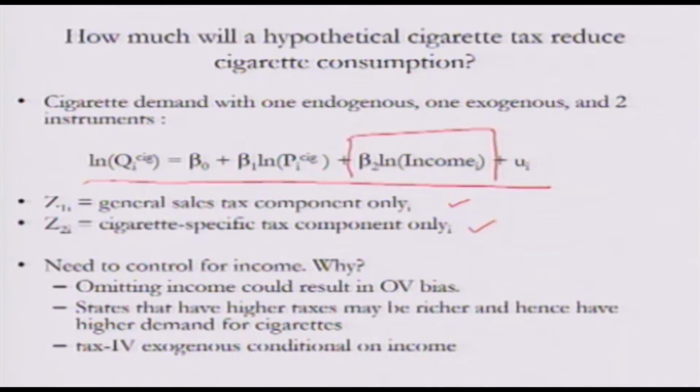Now, because income is also naturally correlated with, or very easy to think that income would be correlated with, the demand for cigarettes, which means that you have an IV now which is correlated with the excluded income and also correlated with Y.